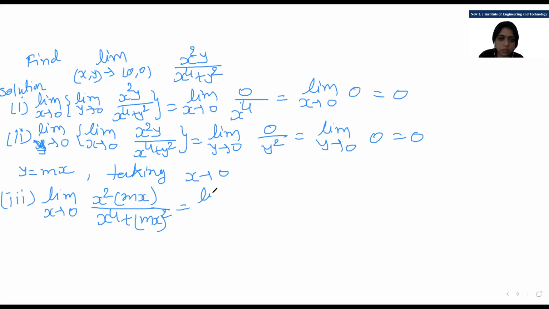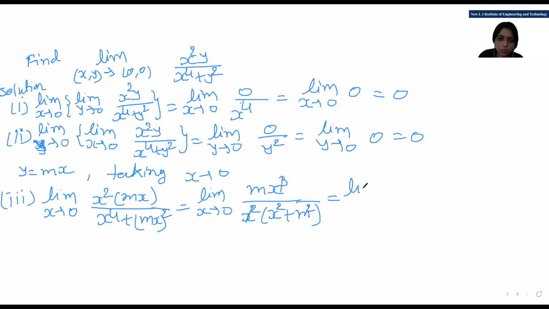So limit x tends to 0, mx cube upon x raised to 4 plus m square x square. If I keep x square common, in the bracket x square plus m square, and both x square will be cancelled.